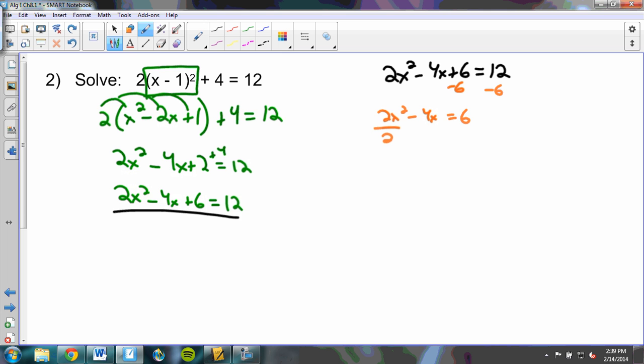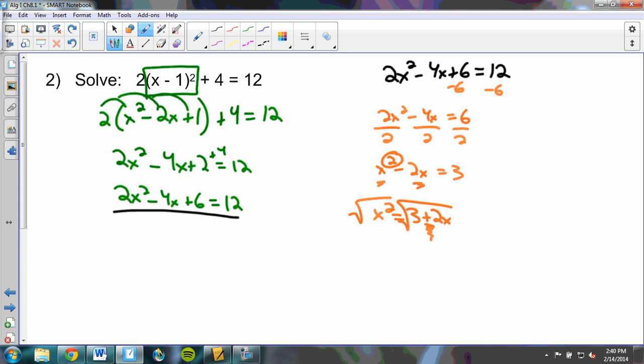And we divided everything by 2 to get x squared minus 2x equals 3. And we still have two x's over here. There's an x here and there's an x here, and they can't go together. I can't add them or subtract them because they're not like terms because of that power. We can add x squared or add 2x to both sides. And we can't square root because I don't know how to square root 3 plus 2x. When there's a plus in there, I can't do a square root.